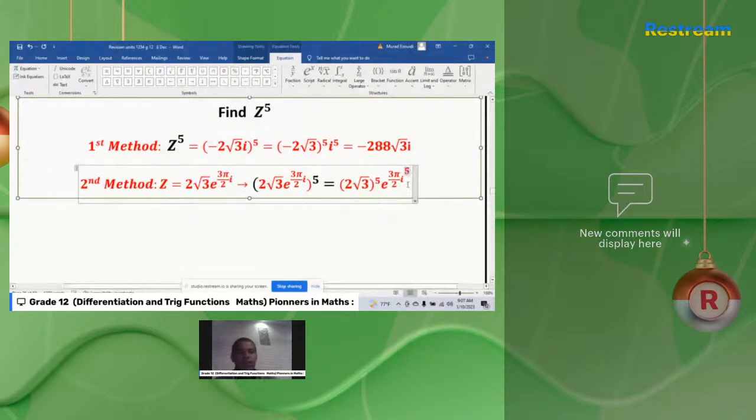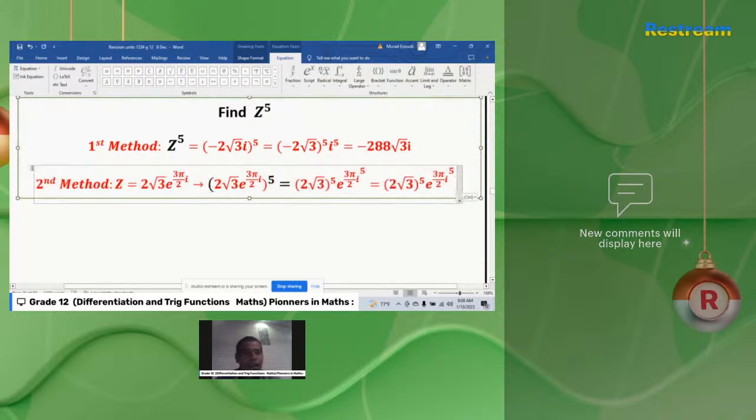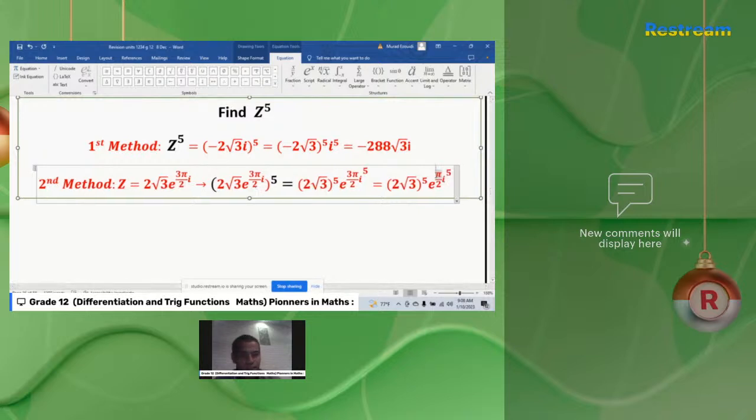Therefore, this one is equal to what, learners? The De Moivre formula told you that the power should be multiplied by the index of the exponential. So this one will give me exactly, copy again, which is equal to 5 multiplied by 3, which is 15.